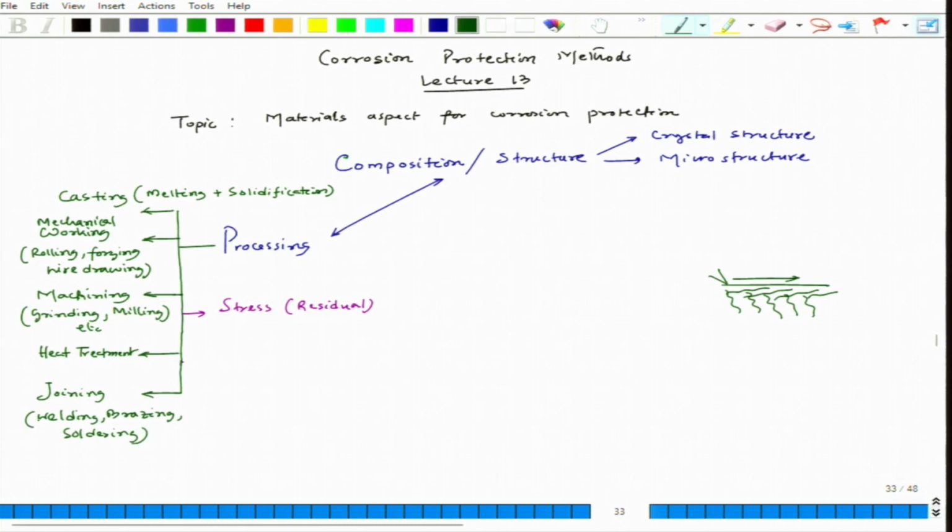Here we are not considering riveting or bolting, because that time we are introducing different materials, and we have to look at the design aspect of it. But welding, brazing, soldering can introduce different materials in that structure, and different materials can introduce galvanic effect. But apart from galvanic effect, that can also lead to residual stress, and that residual stress can be bad.